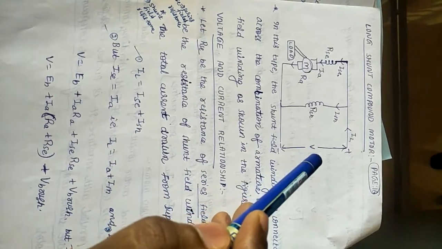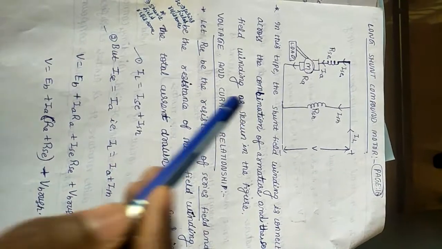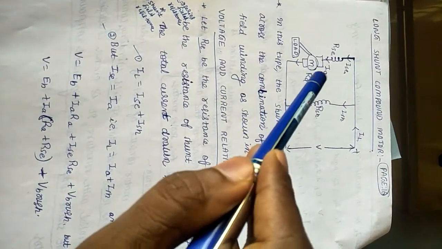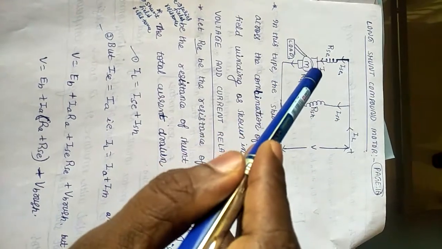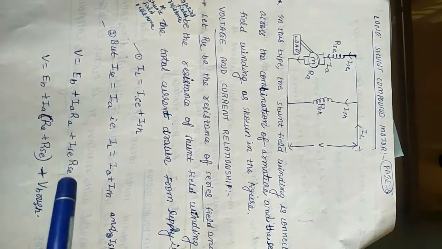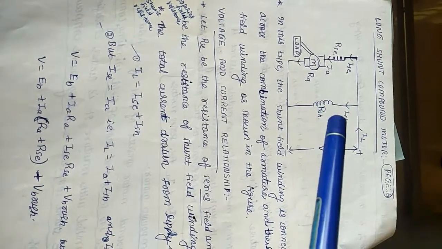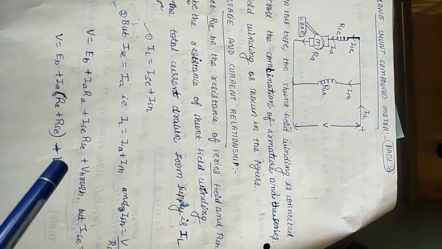Therefore, the total supply voltage V equals the generated back EMF in the armature, that is EB, plus the armature drop IA RA, and then the drop across the series connected field winding ISC into RSC, and the drop across the parallel connection of field winding ISH into RSH, plus the voltage drop across the brush.